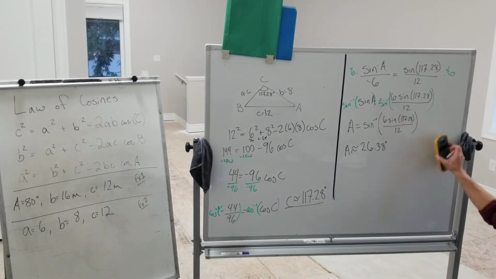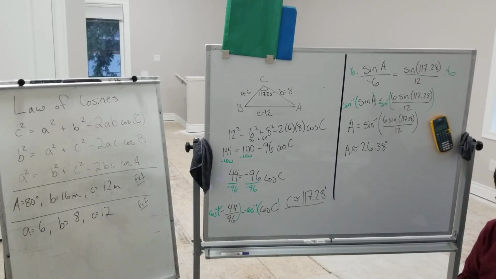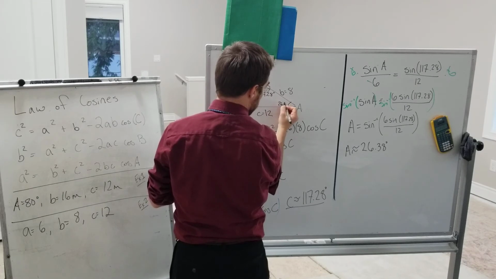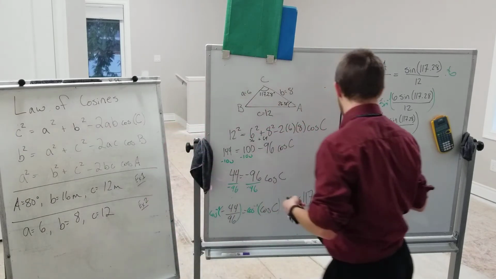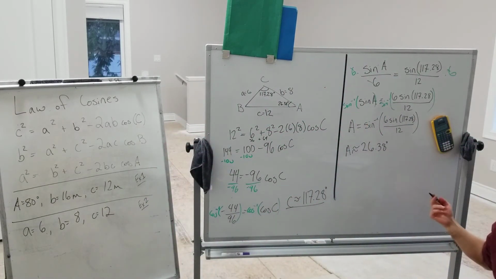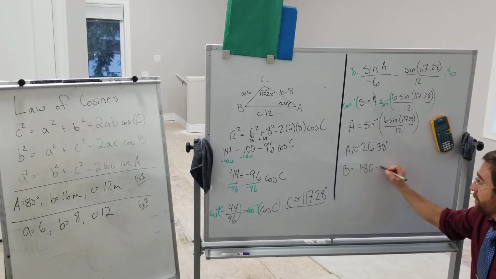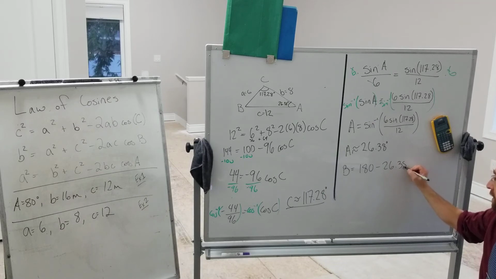Okay, the last thing I want to do is find angle B. So I've got 26.38 degrees. To find angle B, well, I've got the other two angles. So it's just going to be 180 minus 26.38 minus 117.28.